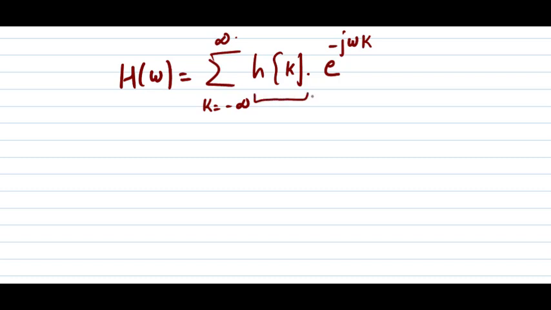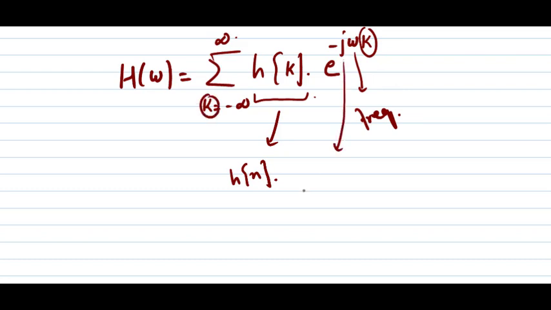Here h of k comes from the impulse response h of n. We define the variable k just to differentiate it from the notation. Here omega is the frequency, k is the summation variable, and j is a complex variable; sometimes we use i, sometimes j.